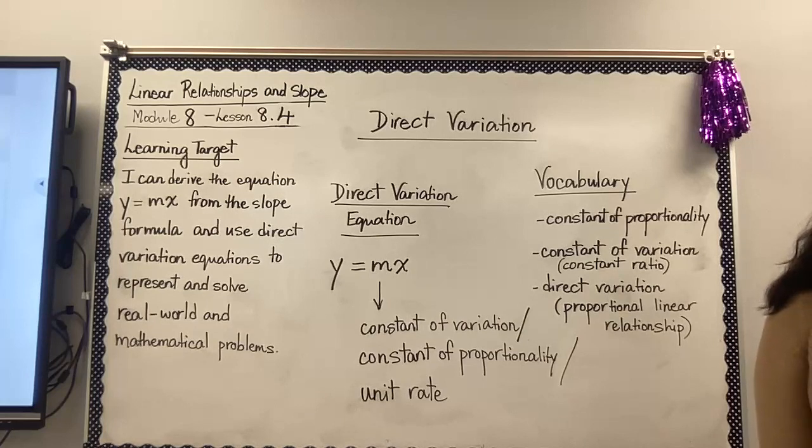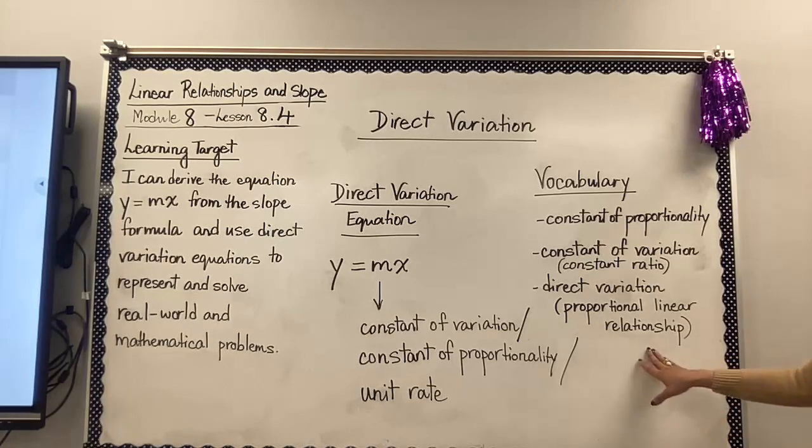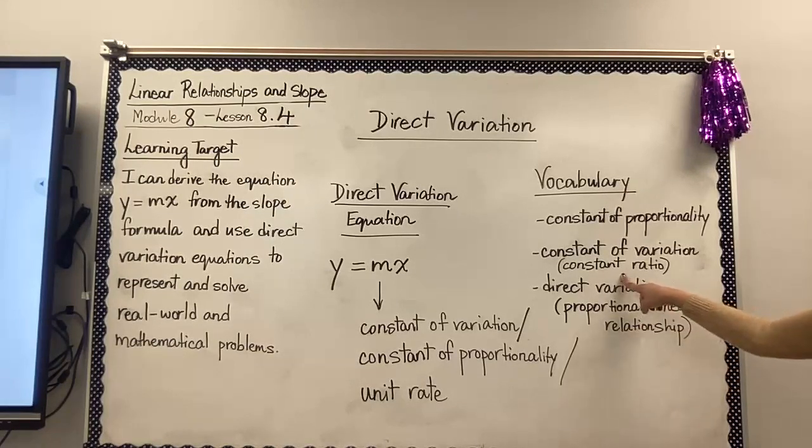And this proportional linear relationship is called a direct variation. And the constant ratio is also called the constant of variation or the constant of proportionality.